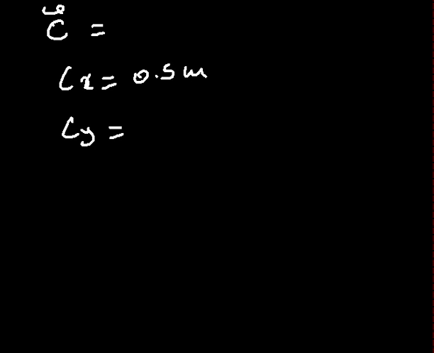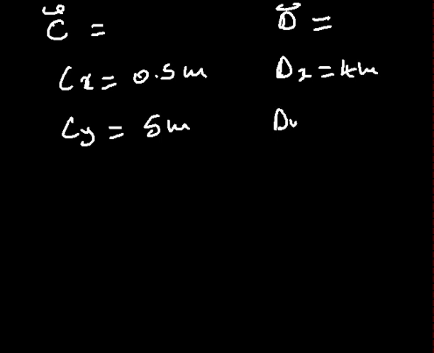Now, let's say we have two vectors, vector C with components Cx given as 0.5 meters and Cy given as 5 meters, and we have another vector, vector D, with components Dx given as 4 meters and Dy given as 2 meters.